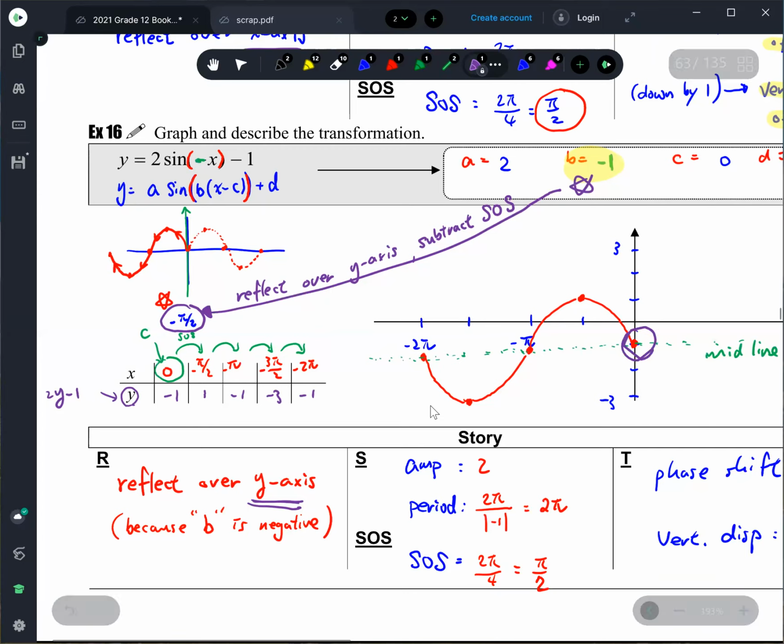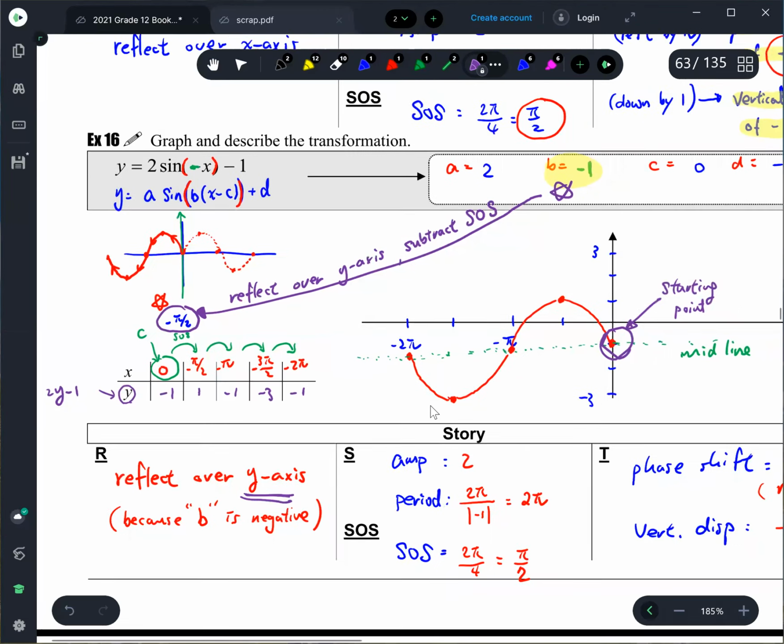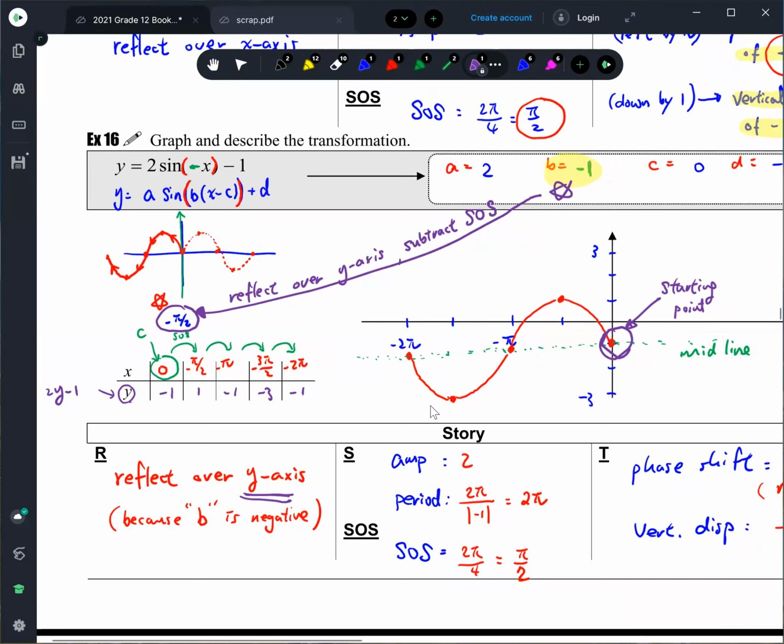So this is your starting point. For this question, the vertical displacement is -1, so it moved down by 1, but there's no phase shift. So your starting point is at 0, -1.